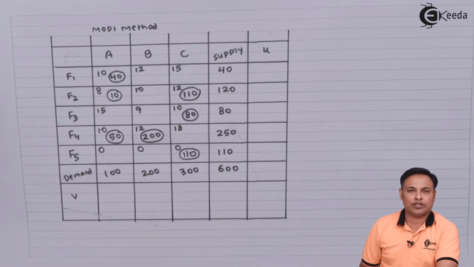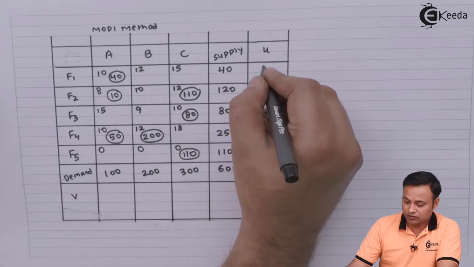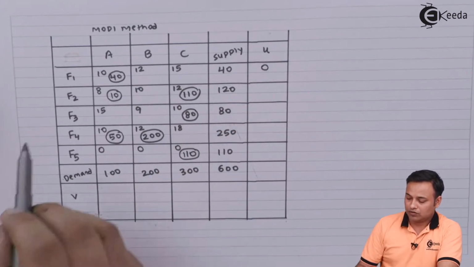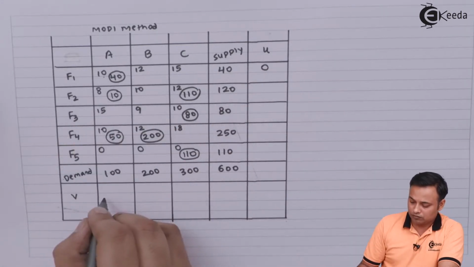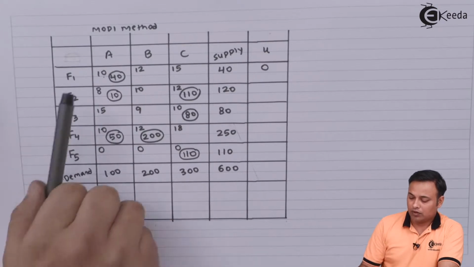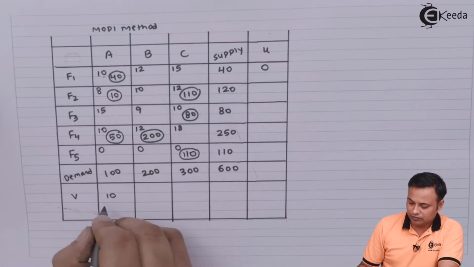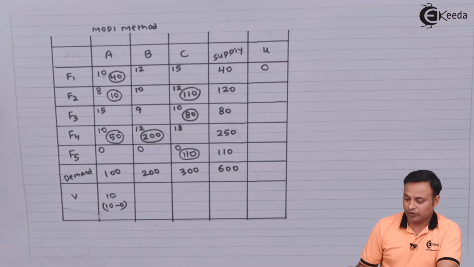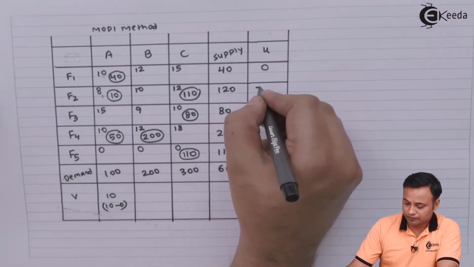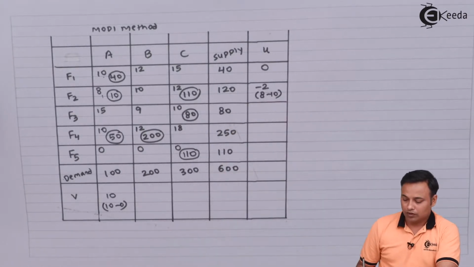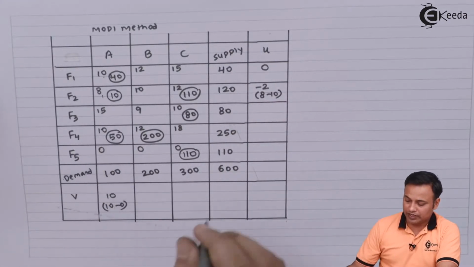I'll calculate the u and the v values. I'll put a 0 here. So 10 minus 0, it will be 10. In the first column, it will be 8 minus 10. In the first column, it will be 10 minus 10.